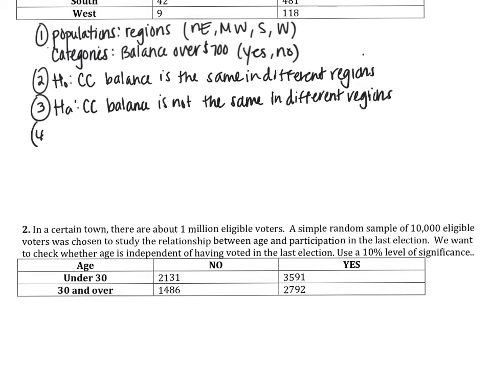All right, step 4, check conditions. Condition A is the sample random? And it doesn't say, but it has no indication that it's clearly voluntary or anything like that. So we'll assume. And is the expected cell count greater than or equal to 5?